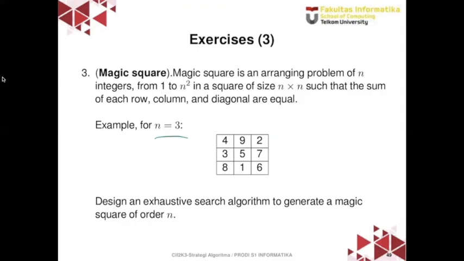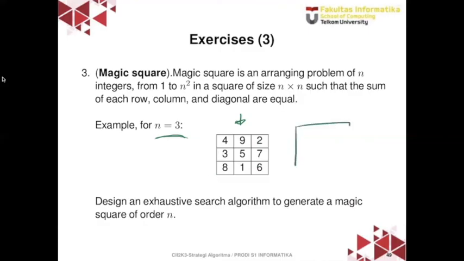For example, we can arrange 1 to 9 like this, so that the sum of this column is the same as this, also the same as this, also the same here, the same here, and the same. So that is the problem. And how could we enumerate the possibilities?